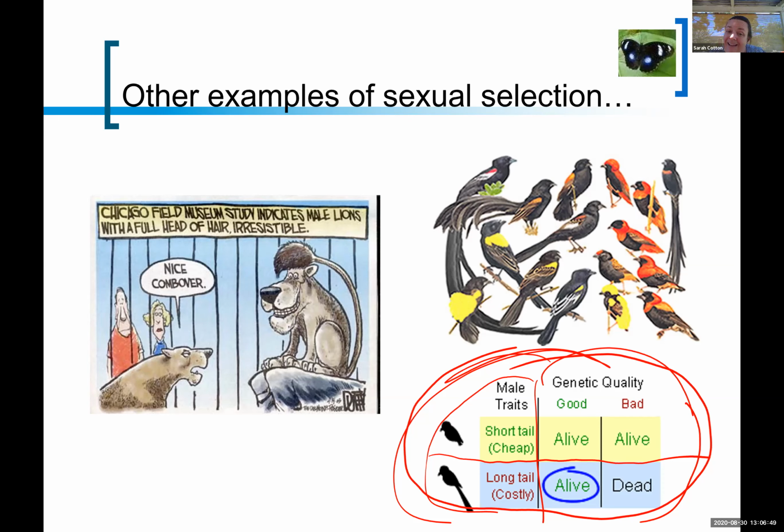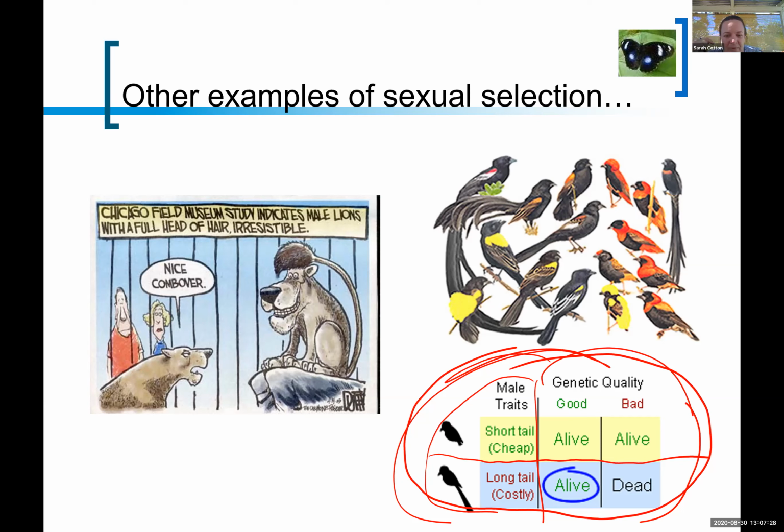Whereas if a female is looking at a bird with a long tail and he makes it to adulthood and sexual maturity, just the fact that he has that big, long, ridiculous impediment means that he must be pretty tough. He must be smarter or faster or stronger, with characteristics that help him avoid being prey to a predator.